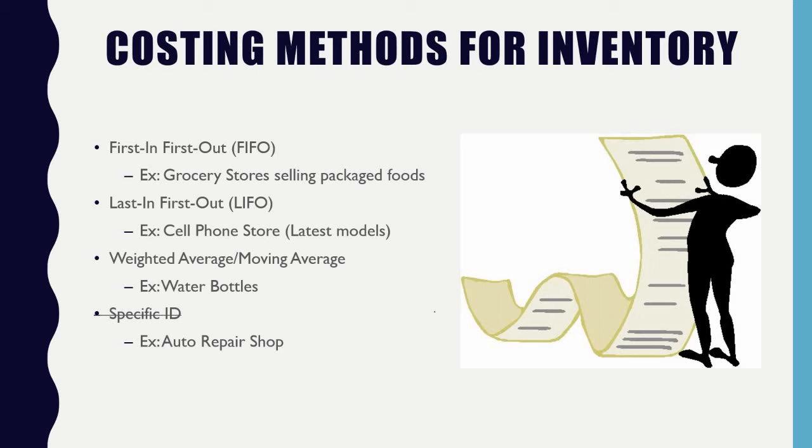So first in, first out, right? The perfect example I can think of is a grocery store, right? You sell produce. The bad thing about produce is it's a perishable good, meaning your first batch that you buy has to be the first batch that you sell, okay? And that's exactly what first in and first out means.